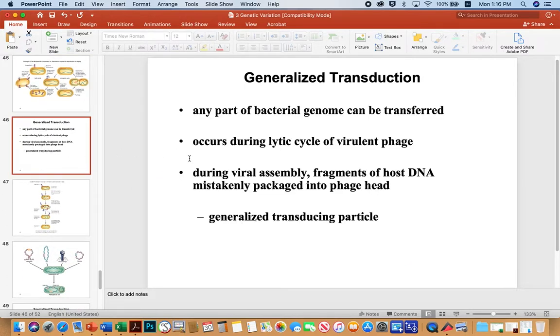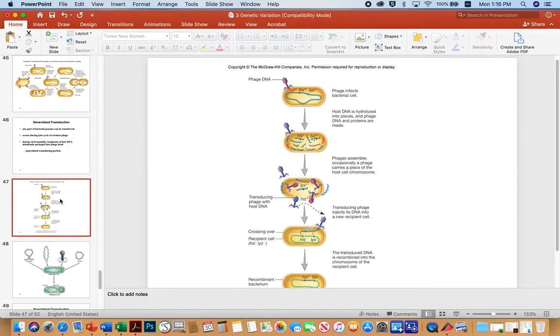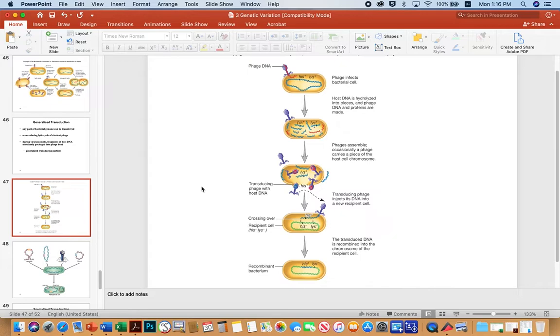Generalized transduction is a process whereby viruses just sort of package random pieces of their host, and that's illustrated in this little flow here. In this particular case, you've got a phage that injects its genetic information into a His plus, Lys plus host.